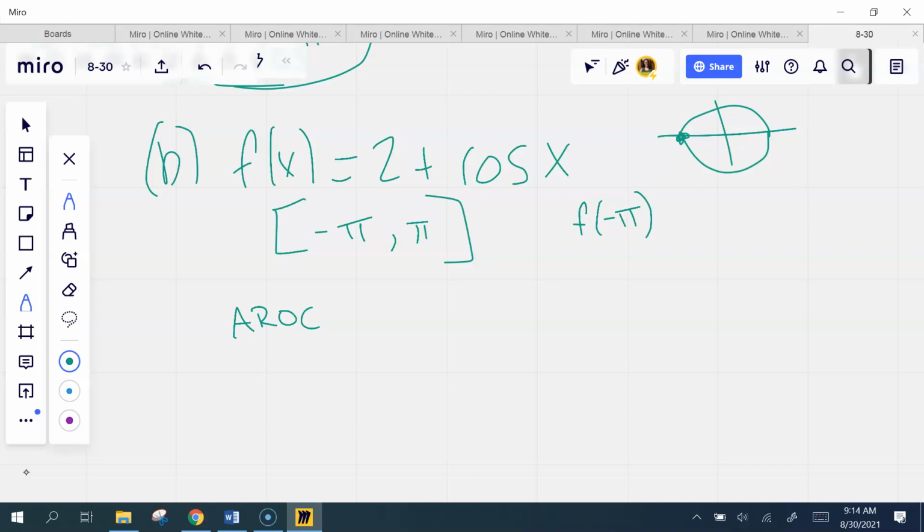I'm at the same point. Let's do it and see what happens. This is 1, which means f of pi is also going to be 1, because we said those are ending up at the same place, right?